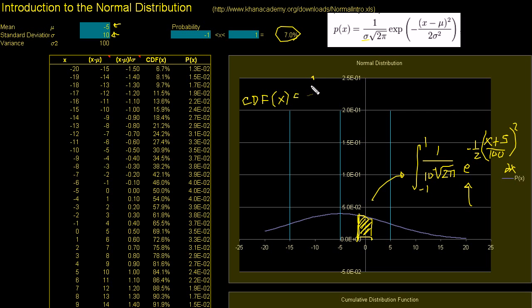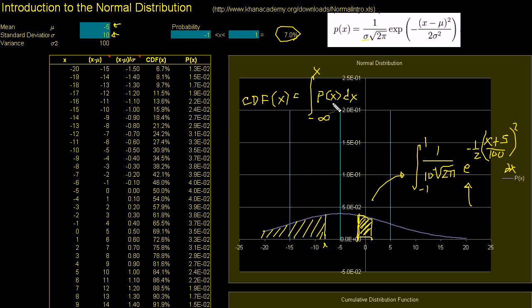It gives us the area under this curve up to x. Let's say this is x right here. Another way to think about it, it tells you the probability that you land at some value less than your x value. So it's the integral from -infinity to x of our probability density function, dx.